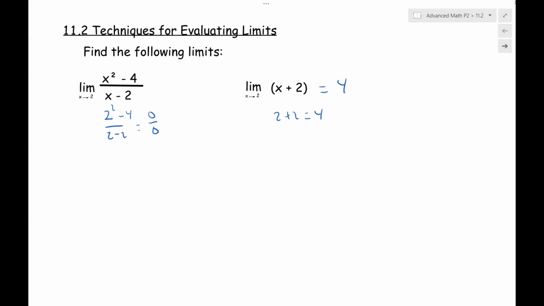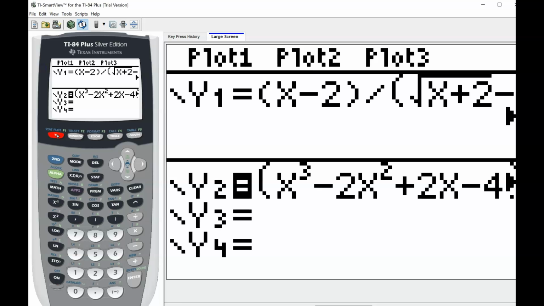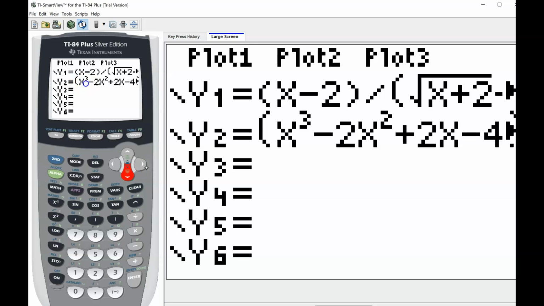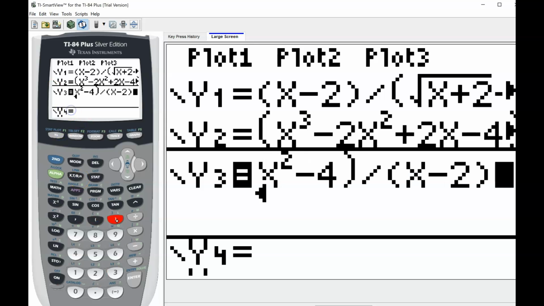So for this one, I guess we'll have to look at the table on the graphing calculator. So we could go to the graphing calculator here. We could type in, I didn't type this one in ahead of time because it's not that hard a one, x squared minus 4 in parentheses divided by x minus 2 in parentheses.